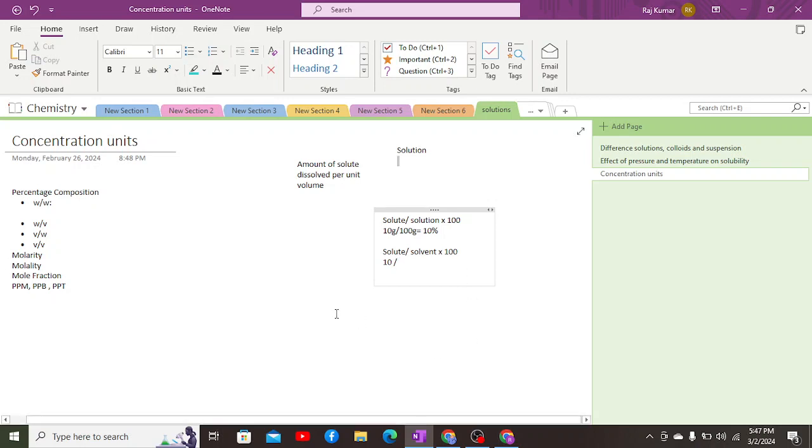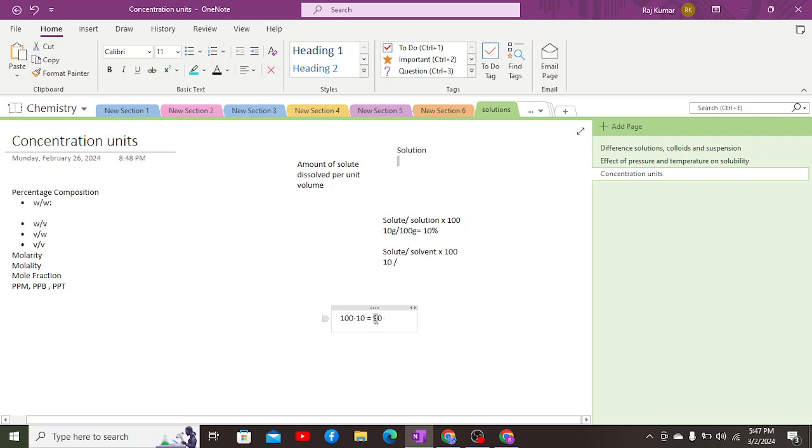In order to find the weight of solvent, either we will be given the weight of solvent, or if we are not given it, then in an ideal solution the weight of solvent can be expressed as 100 minus 10 equals 90, right? So 100 was the weight of solution and the weight of solute was 10, due to which we got the answer 90.